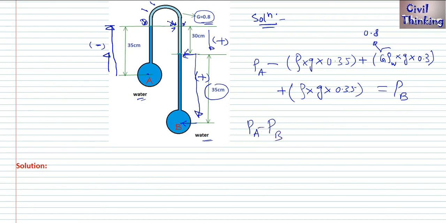This term would be positive on the other side, rho g 0.35. This is positive, so it is going to be negative. Then rho g multiplied by 0.3: this term is positive, so it is going to be negative on the other side, right?